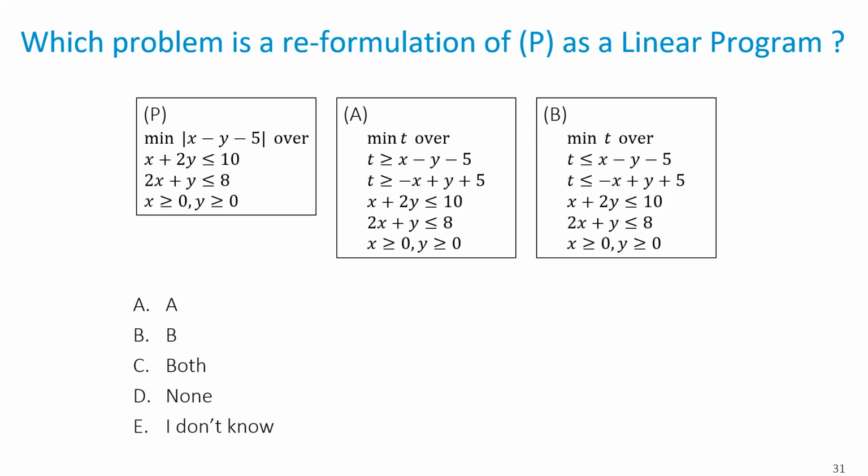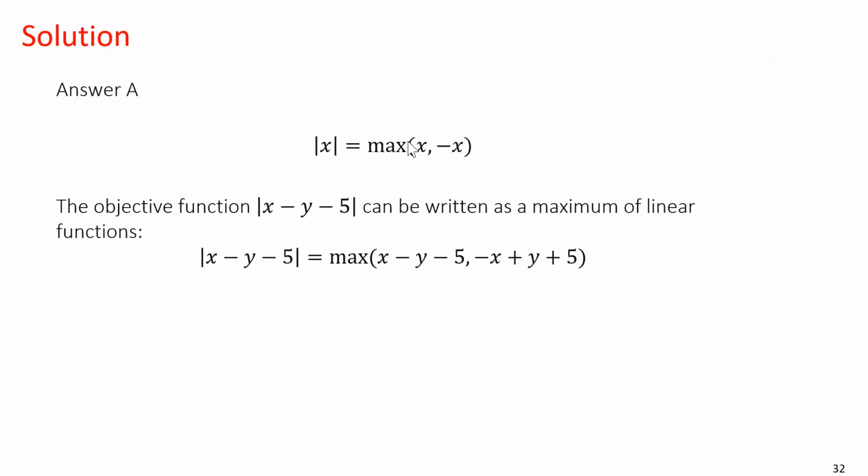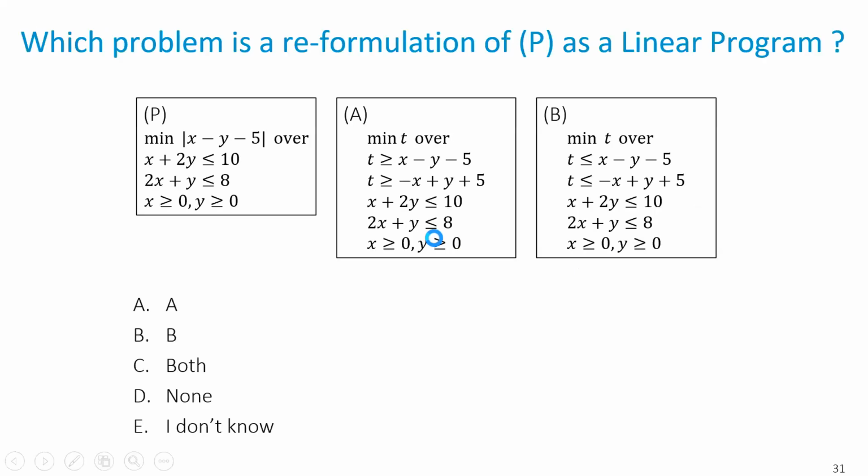And the answer is yes, because the trick is to know that the absolute value of a number is the max between this number and minus this number. So the objective function can be written as a maximum of two linear functions, this and its opposite, which leads to minimize T, where T is larger than the first element of the max and the second element of the max.